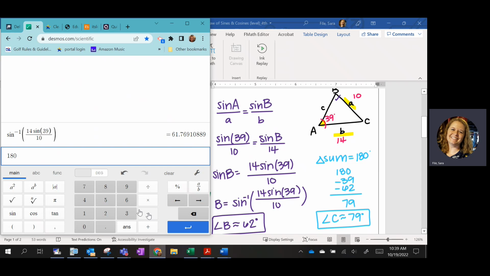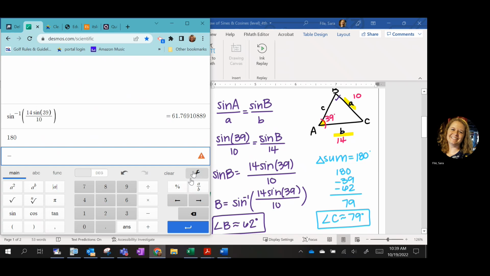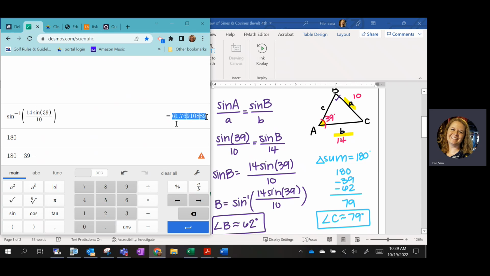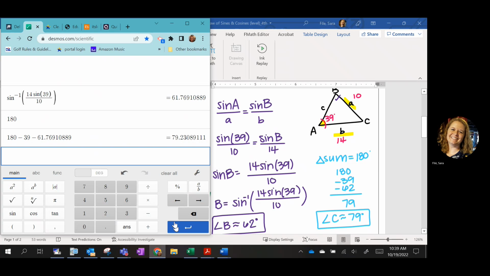So I'm going to do 180 minus the 39, minus, and then you can just copy and paste that exact value, the entire thing. Does that make sense? So we said about 79, which it is, but it's 79.23089111. Okay, we're going to keep that in our calculator to use here in a minute.